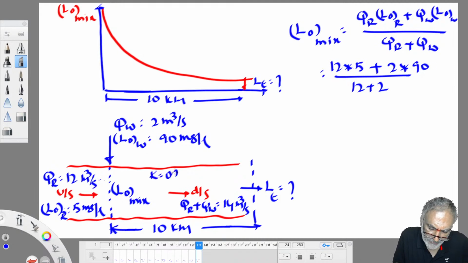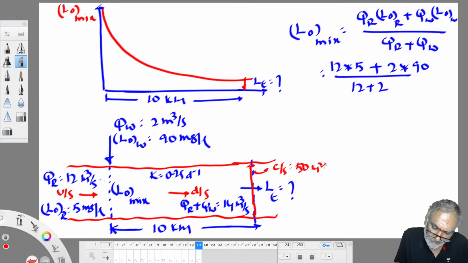K value is given as 0.25 day inverse. Cross section area of river also given. Why cross section is given? I will tell you. So this cross section is 50 square meter, given. So you get L naught mix.